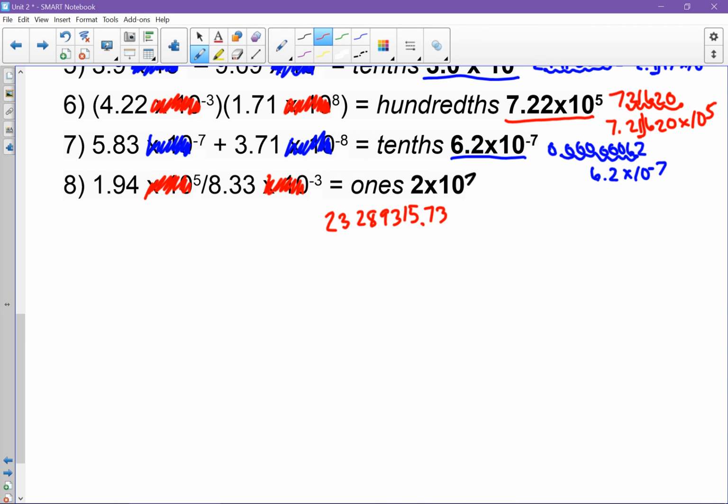And so what we want to do is put that into scientific notation by moving the decimal here. So it's going to become 2.328931573 times 10 to the 1, 2, 3, 4, 5, 6, 7. It's a big number, so we're going to leave that exponent as positive. Then if I want to round it to the ones place, that's right there. And I leave it just like this.